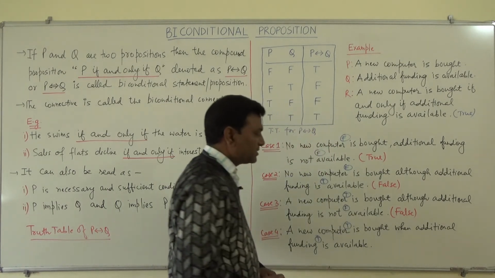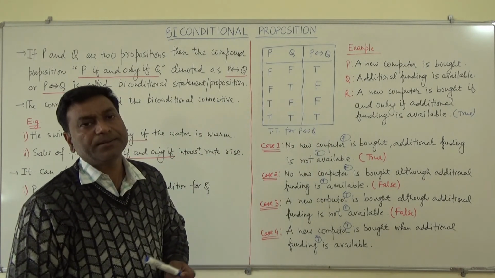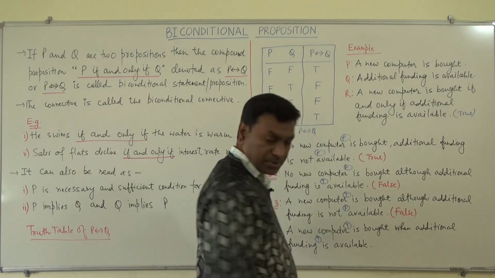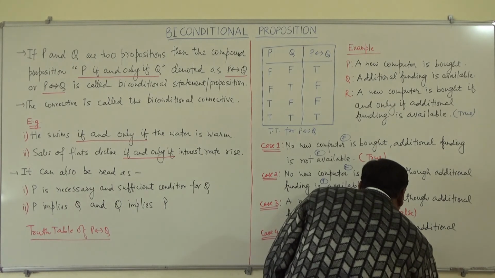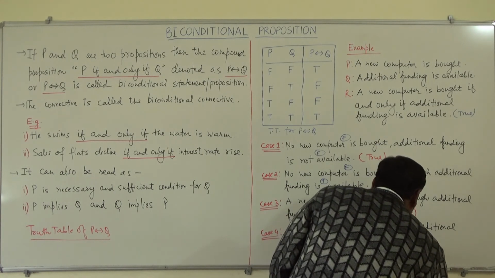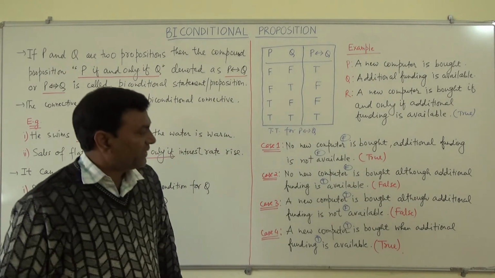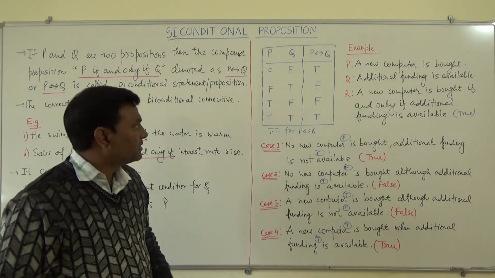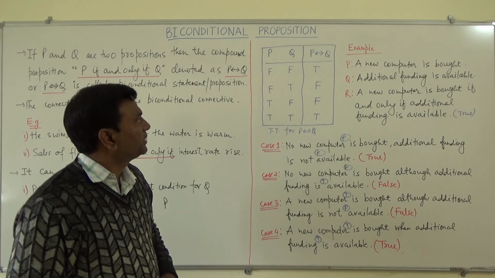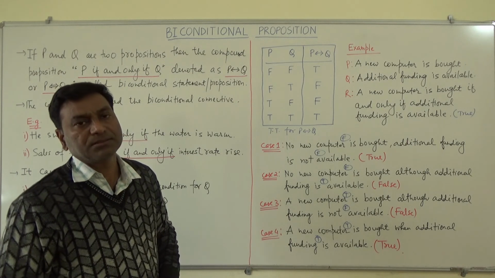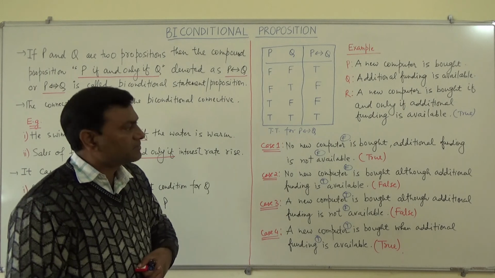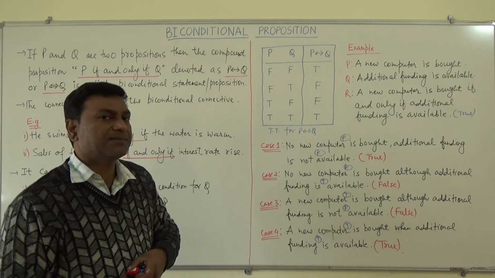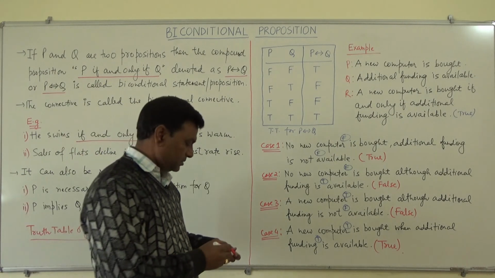So in this case we can say this R will be true. So we can also see from this table, when both the propositions are either false or true, then this will be true, otherwise it will be false.